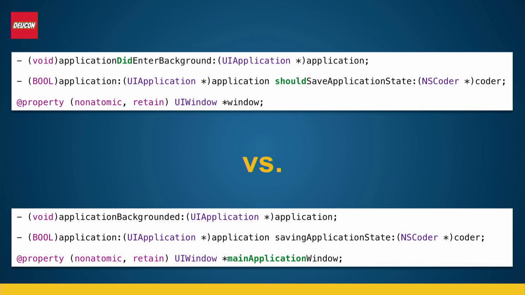Well, they're the same thing, and for all intents and purposes, it could just be a method called A. But here, what we're trying to convey is some timeliness, and therefore, adding modifiers and qualifiers like did asserts to the developer the stage the application is in while it's going to the background. These are good things to stick to while defining your own method names, so as to convey your intentions to your consumers.